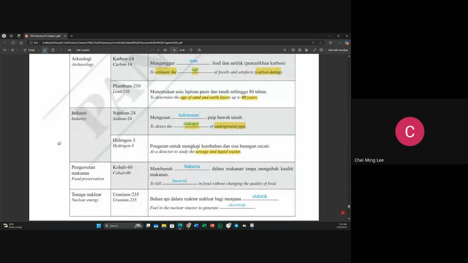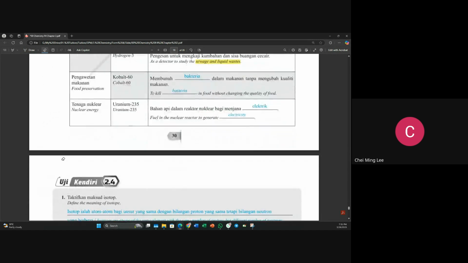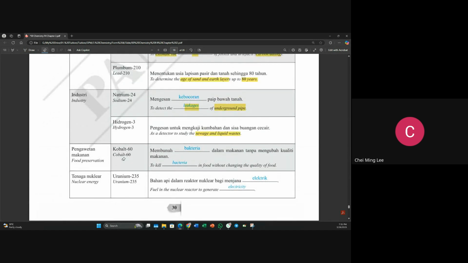Okay, now let's continue. So for food preservation, like cobalt-60, they use it to kill the bacteria in food without changing the quality of the food. Normally they use it for sterilization.